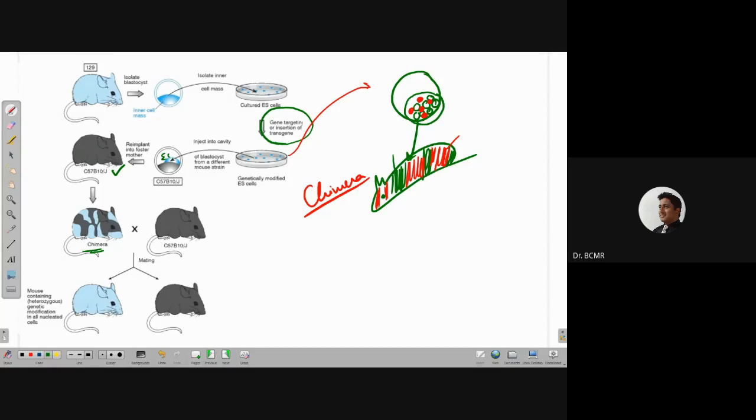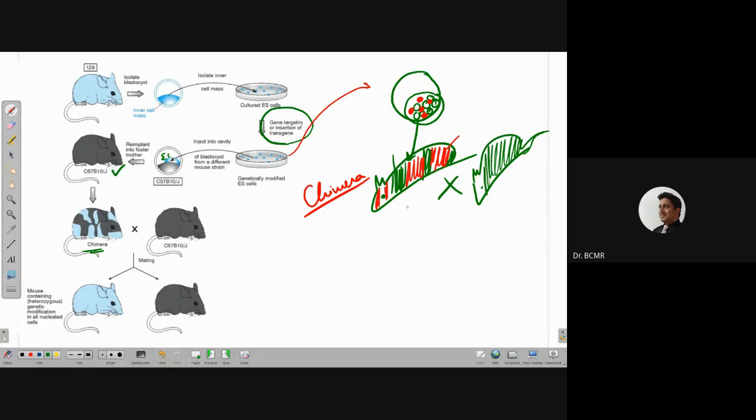So not all the cells, only the red ones actually have the gene of interest that we are looking at. So a chimera is not yet a transgenic. We should now allow this to mate with a mouse that is completely green, a normal mouse.